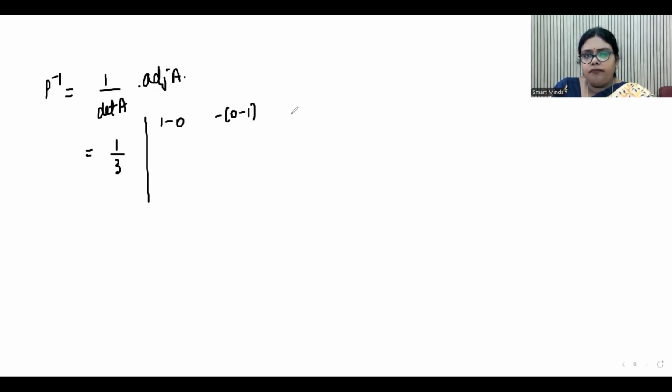Now how to find P inverse? 1 by det A into adjoint A. Now directly I am doing adjoint. So 1 by 3 into 1 minus 0, minus of 0 minus 1, 0 minus 1, minus of 1 minus 0, 2 minus 0, minus of 0 minus 1, 1 minus 0, minus of 2 minus 0, 2 minus 0.